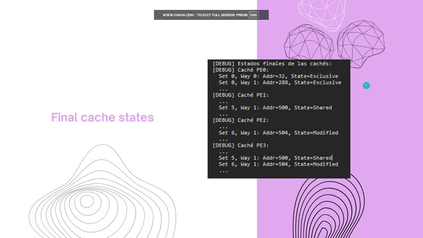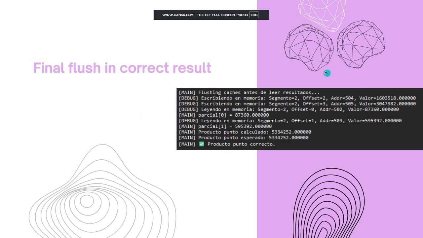The next slide is where we find the final flags and correct results. Here we have proof and evidence of something really simple: the processing elements did the right arithmetic operations, and they gave us the right results.